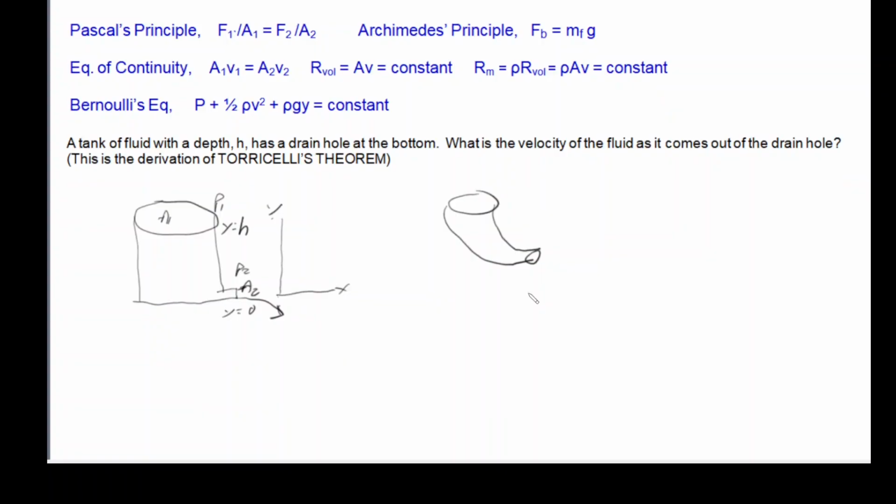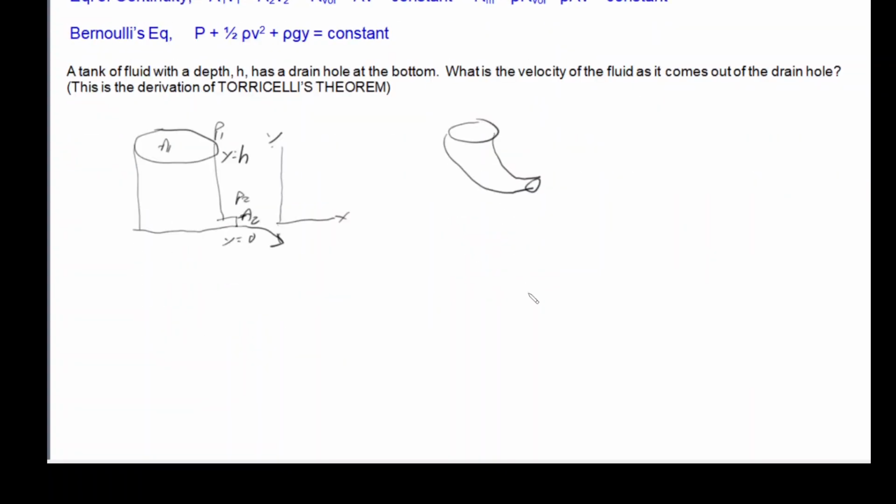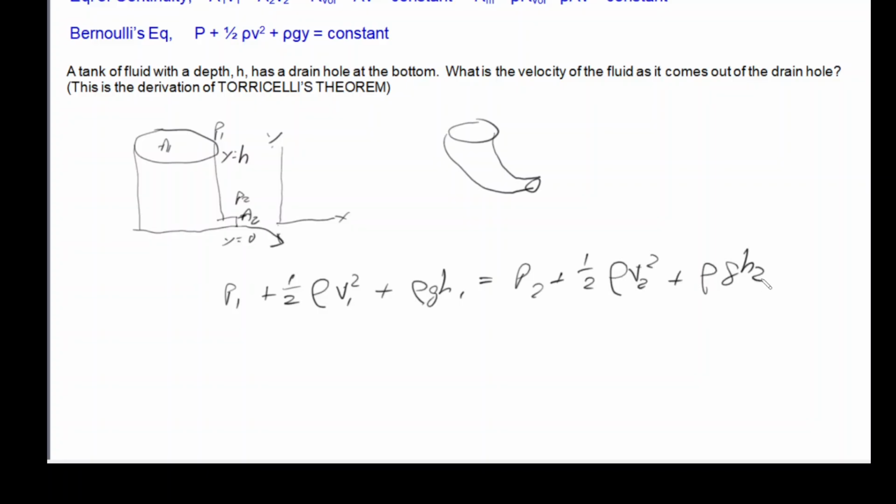And in this case, our Bernoulli equation says that P1 plus 1/2 rho V1 squared plus rho G H1 is equal to P2 plus 1/2 rho V2 squared plus rho G H2.